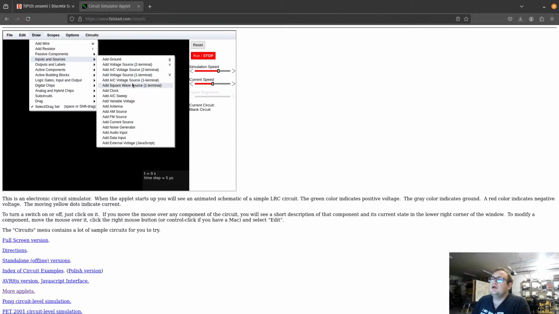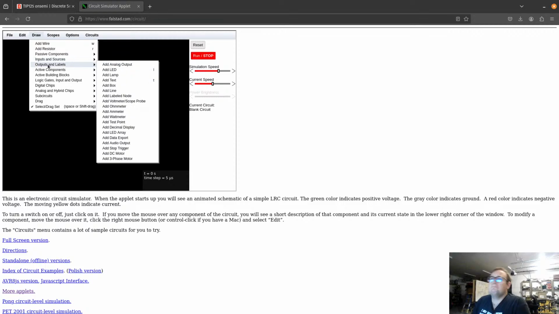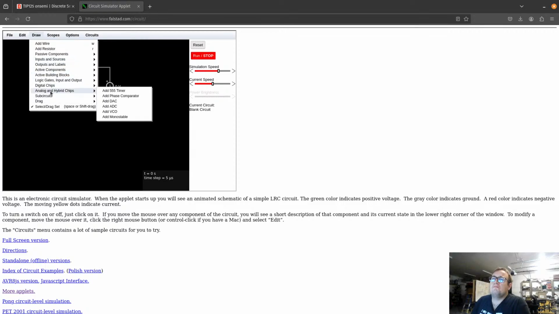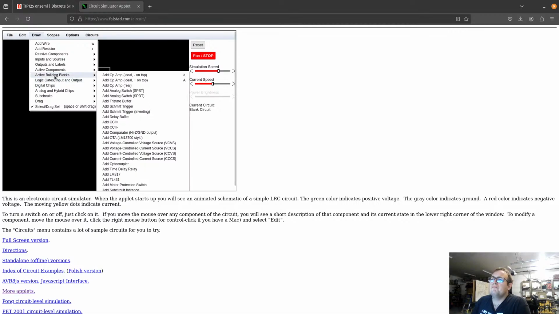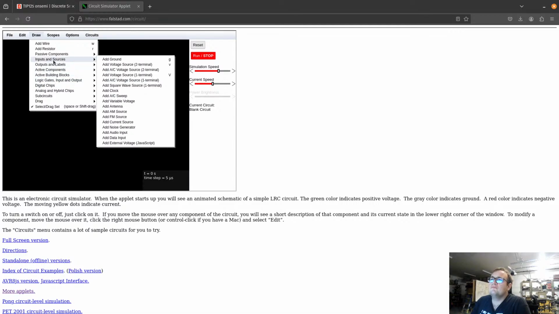Do they not have a current source? Inputs and sources.